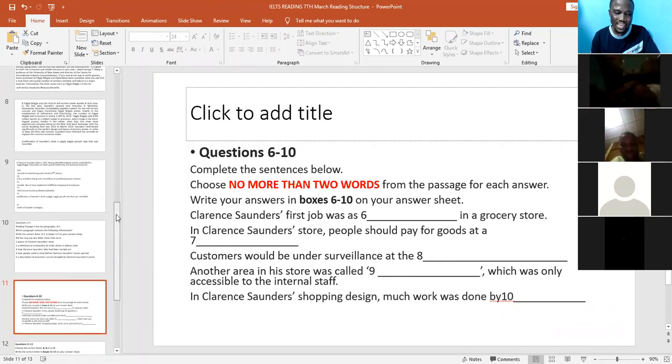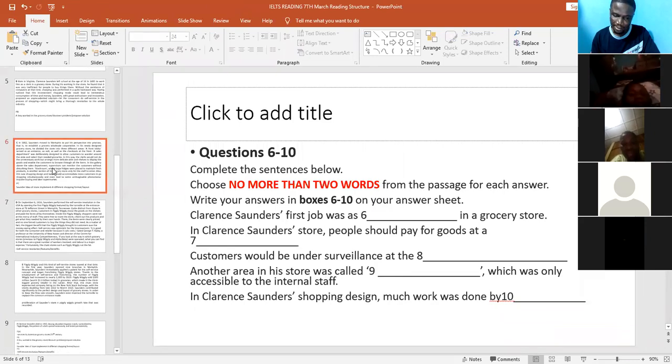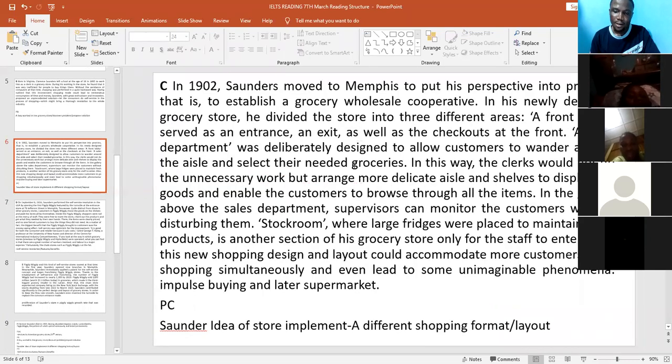It was still under PC, because that's where they mentioned the arrangement of the store.